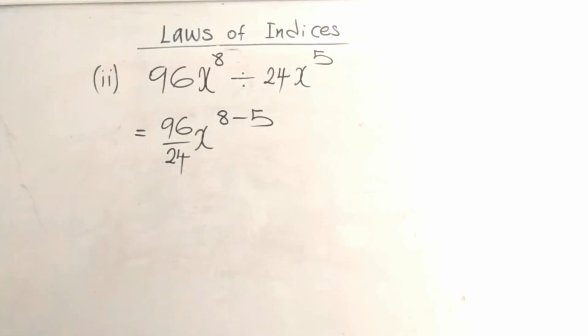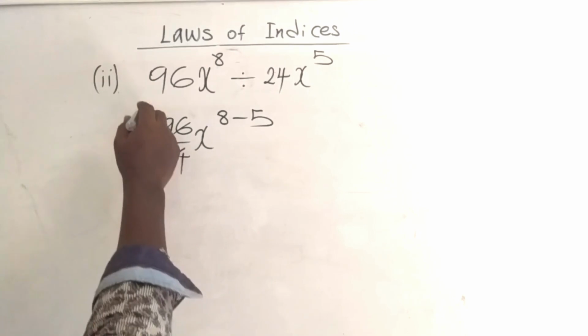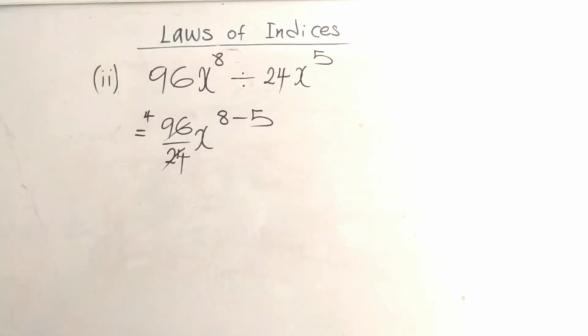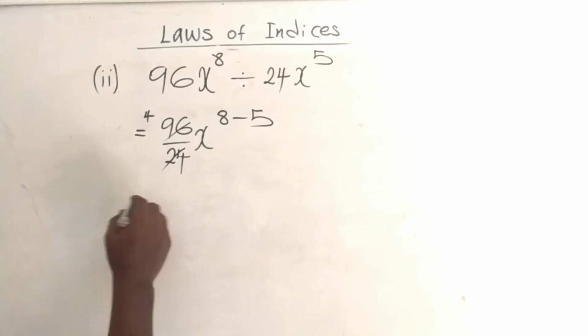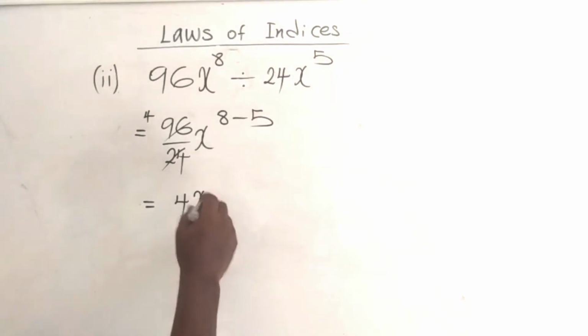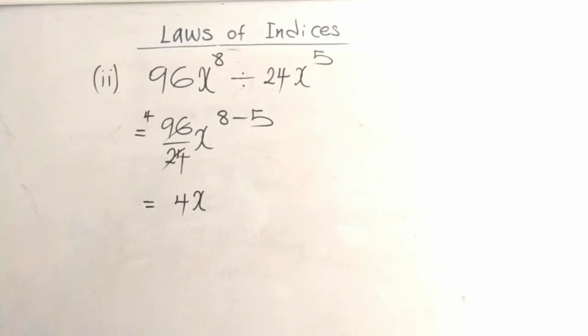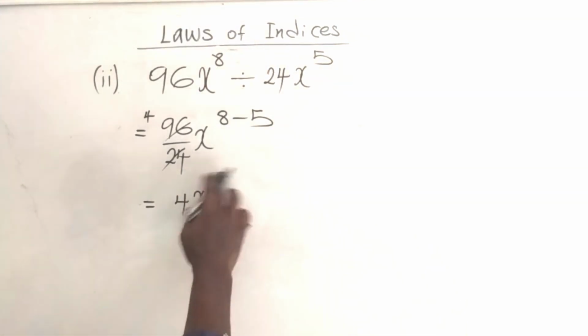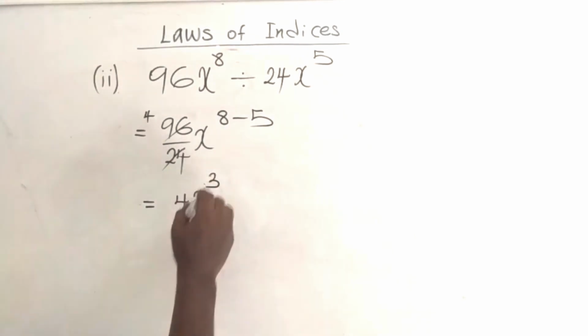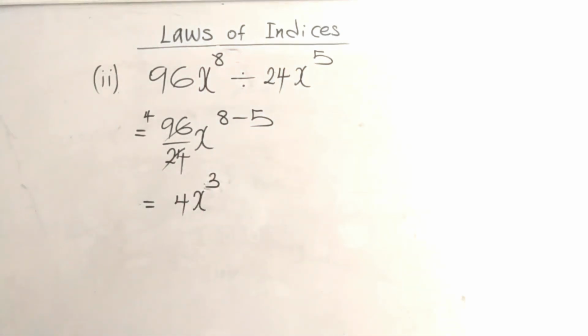Remember, under the law of division, we are subtracting the powers. 24 goes into 96 4 times. That is 4x raised to power 3. Let's now move on to another example under this law.